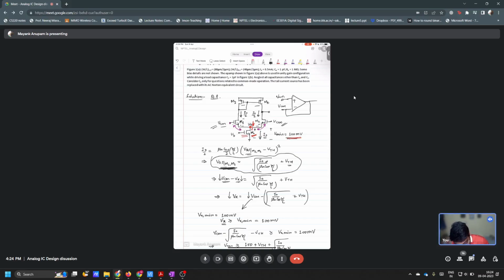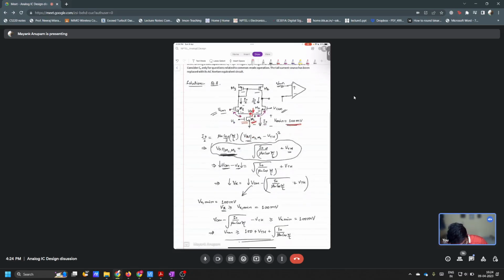Only this is VCM and this is not VCM. This is connected to this output, right? Now tell me, if you keep increasing VCM in this case, will something happen or not?